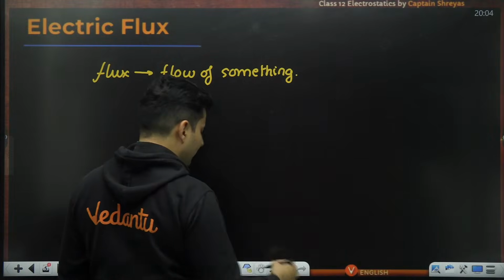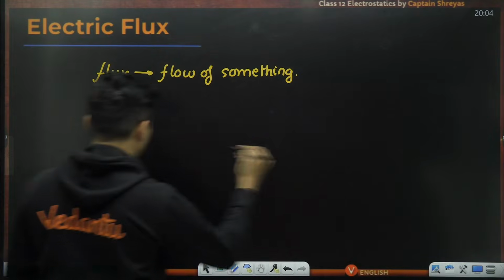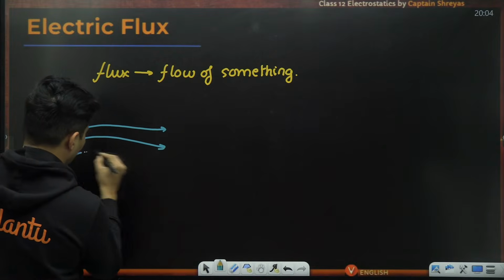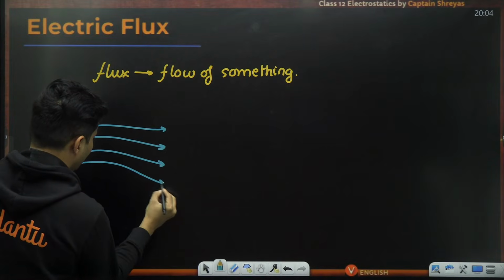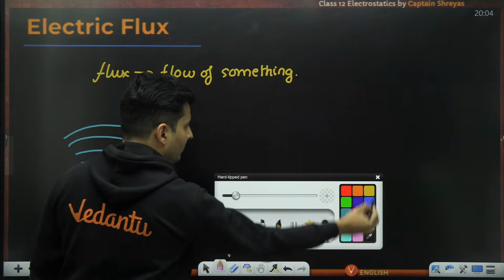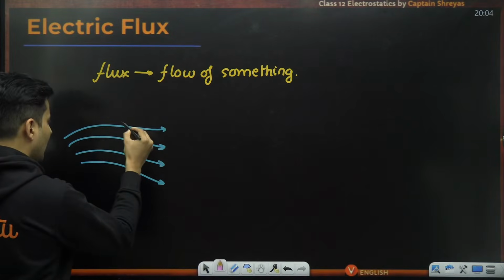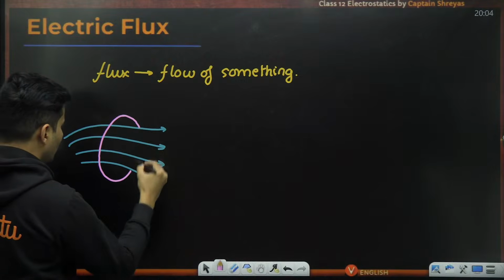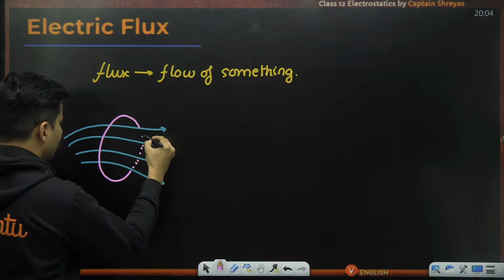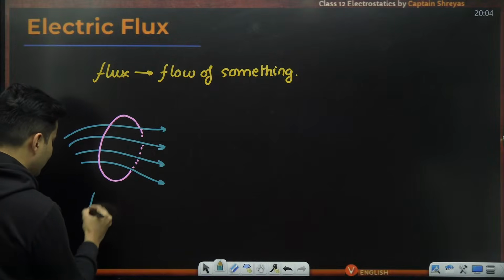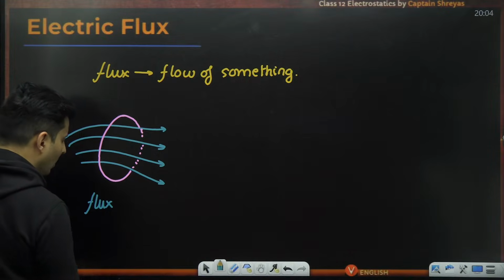So, for example, imagine these are some streamlines of water. Water flows from one point to the other, maybe in a river, in a canal, in a tube, in a pipe, whatever. And imagine I happen to take some cross-sectional area. So I will then say there is some flux of the flow of the liquid.